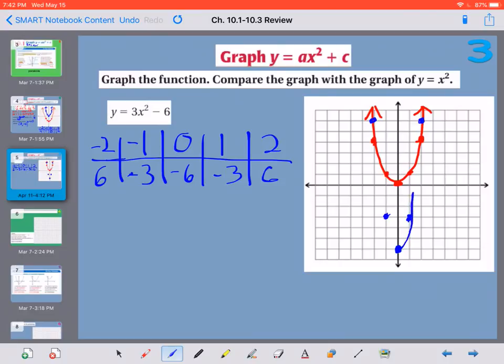So this time our parabola got a lot skinnier, so we can say that this parabola stretched. And we know that because a, which is 3, is greater than 1.